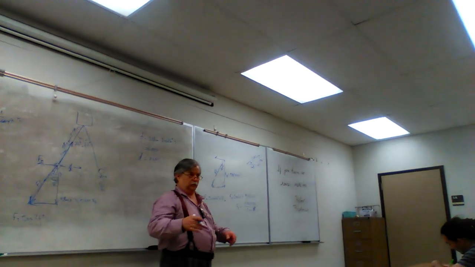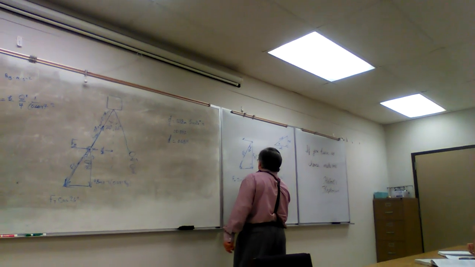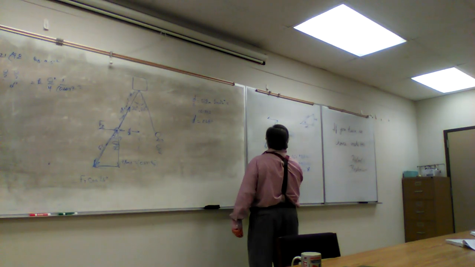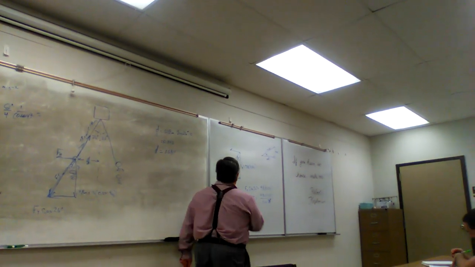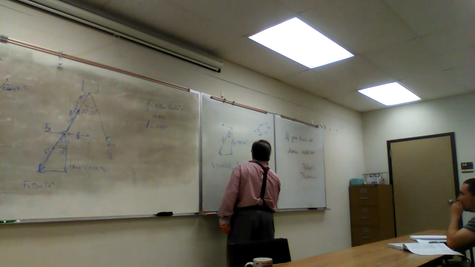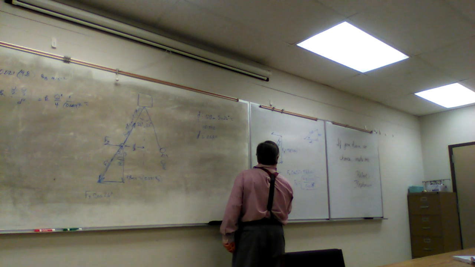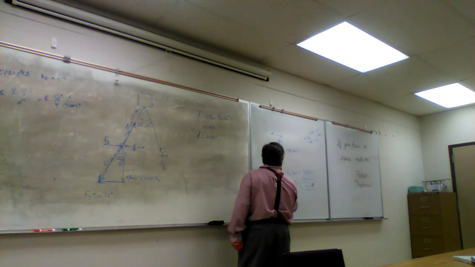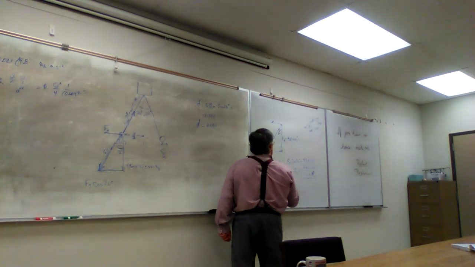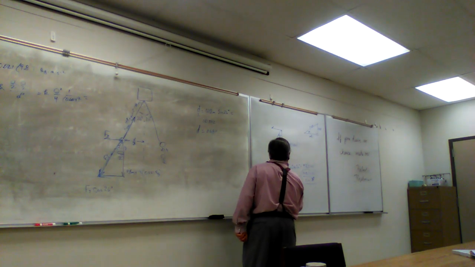Remember I told you don't do any rounding off until you have to. Force electric is equal to the force total times the sine of 26 degrees. What's force total? Force total is equal to 9.8 meters per second squared times 0.021 kilograms divided by cosine of 26 degrees.